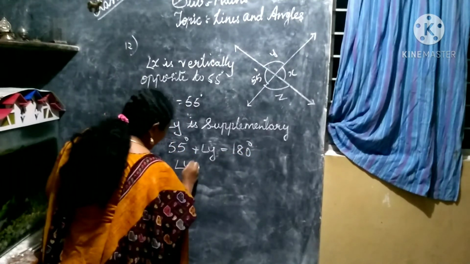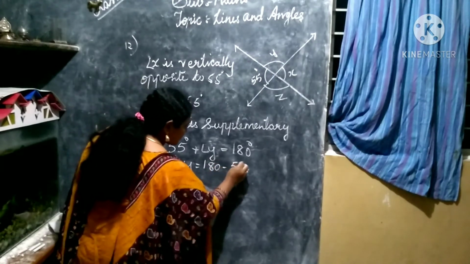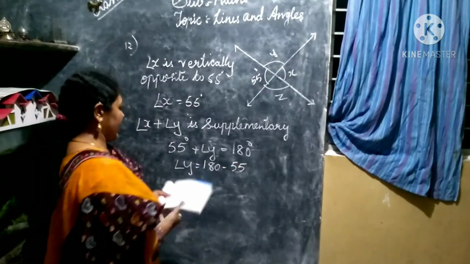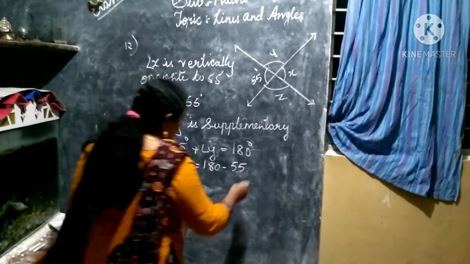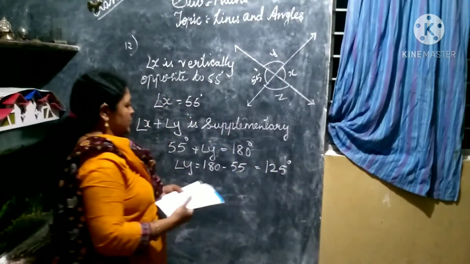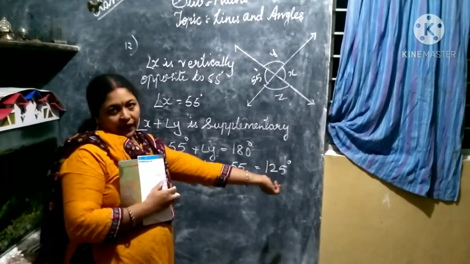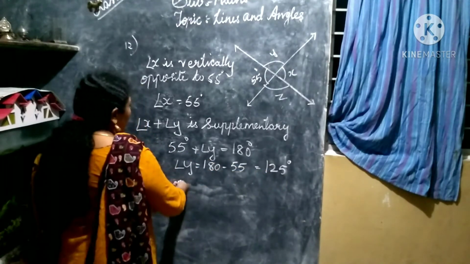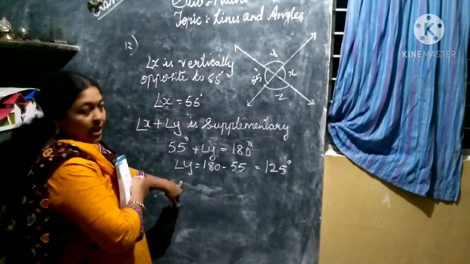To find angle y, we have to subtract 55 from 180 degree. 180 minus 55 you will get 125 degree. So we got what is x and we got what is y.